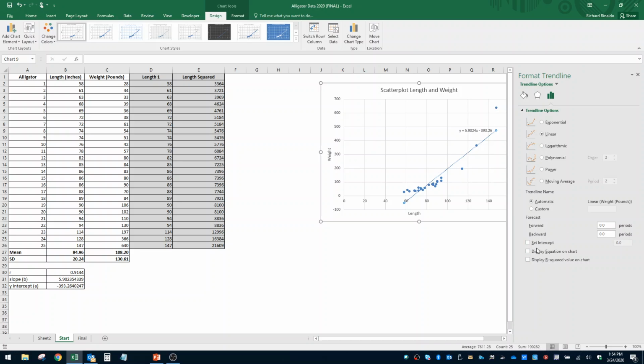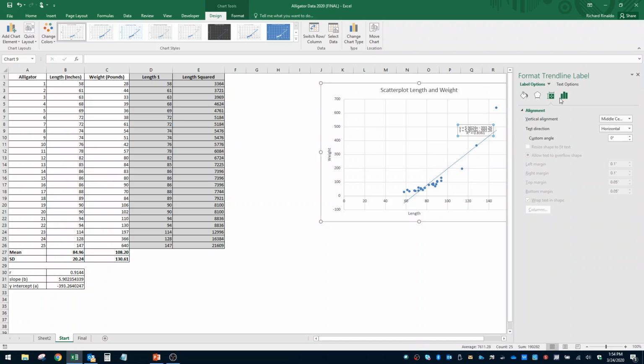I want to display the equation, and I want to display the R squared. Well, it's duplicated it. Okay, let's delete that. Okay, don't want that.